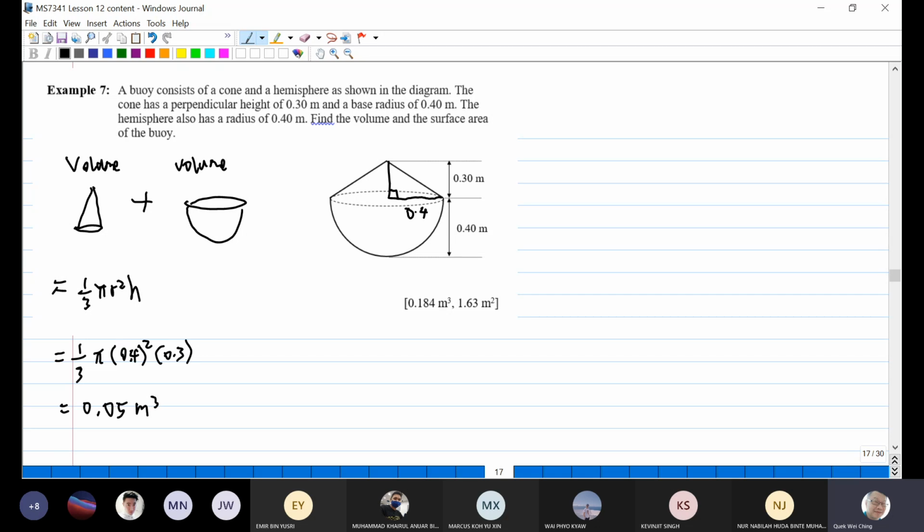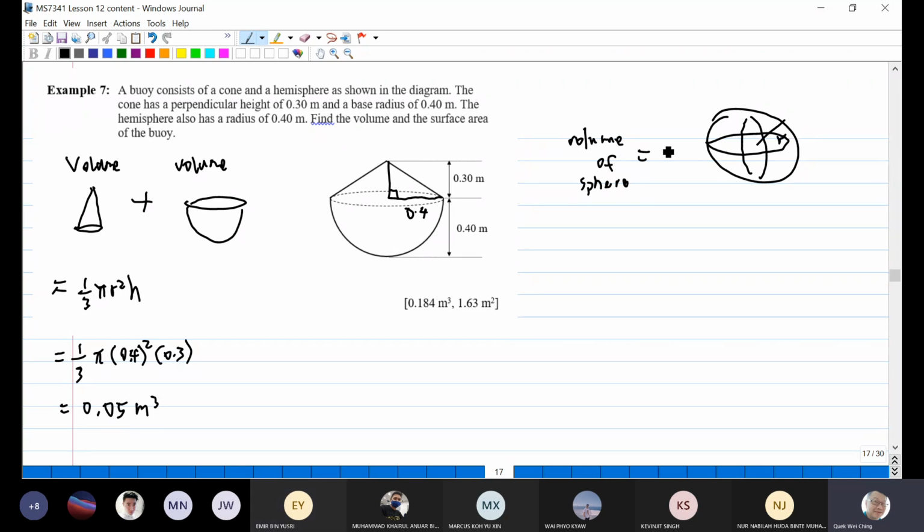How about the volume of the hemisphere? Volume of a complete sphere, right? We know a sphere looks something like this, with radius r.